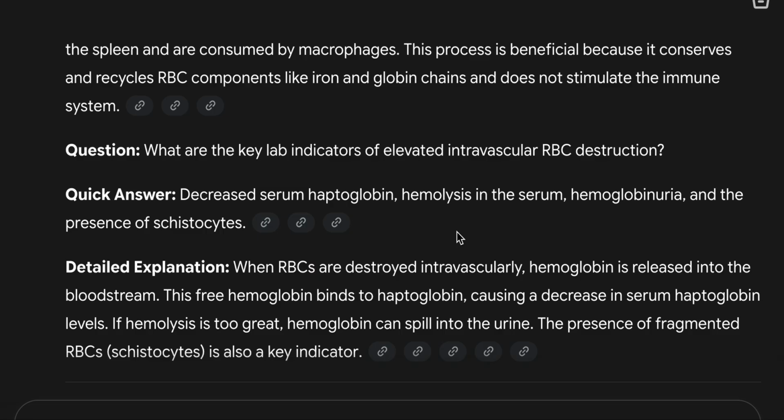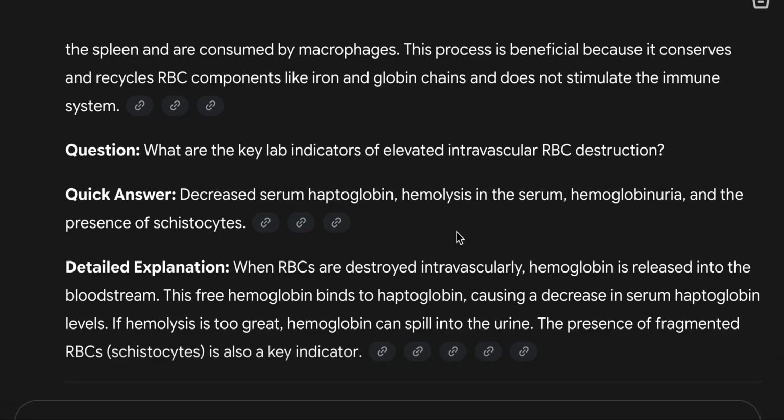So if we start to have intravascular RBC destruction, we're going to see decreased serum haptoglobin, hemolysis in the serum, hemoglobinuria, and the presence of schistocytes.